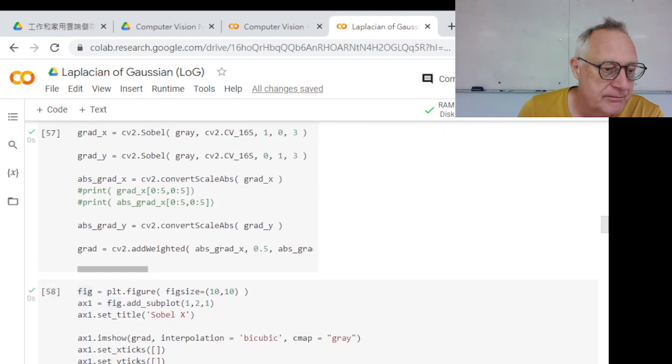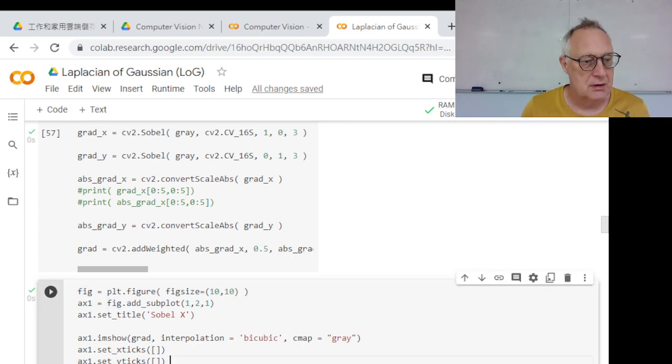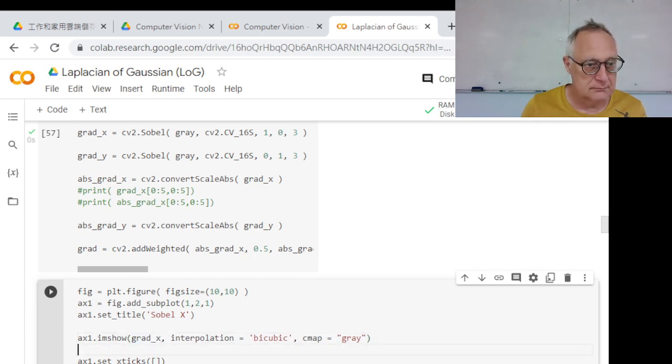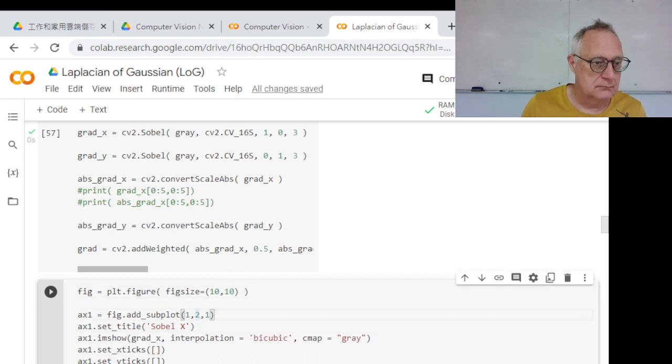Actually, let me plot it in two, and this will be Sobel Y, and maybe a little bit easier to see then.